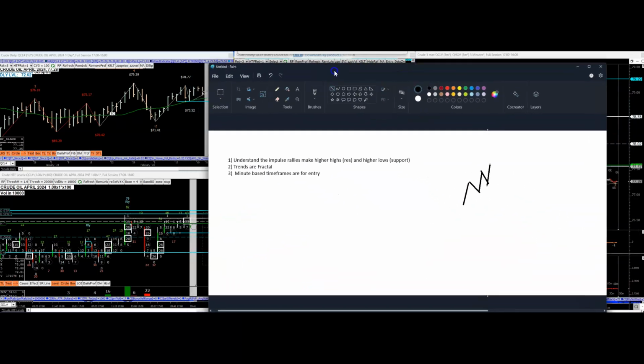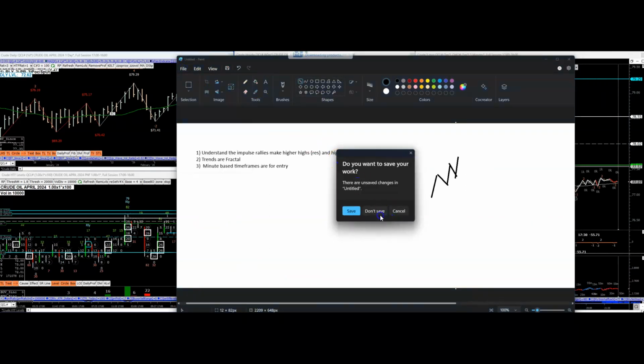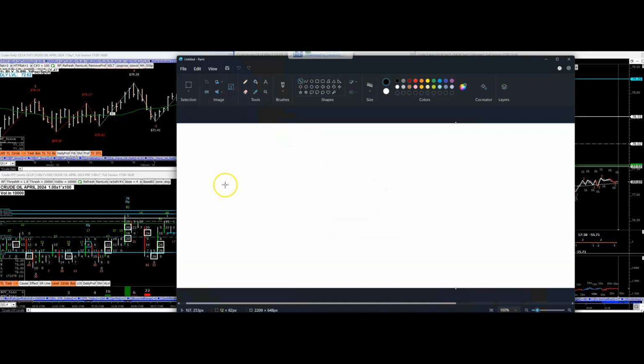So I'm going to explain this now in a simple way. When you have high volume, it equals support and resistance. It can function as support and resistance.